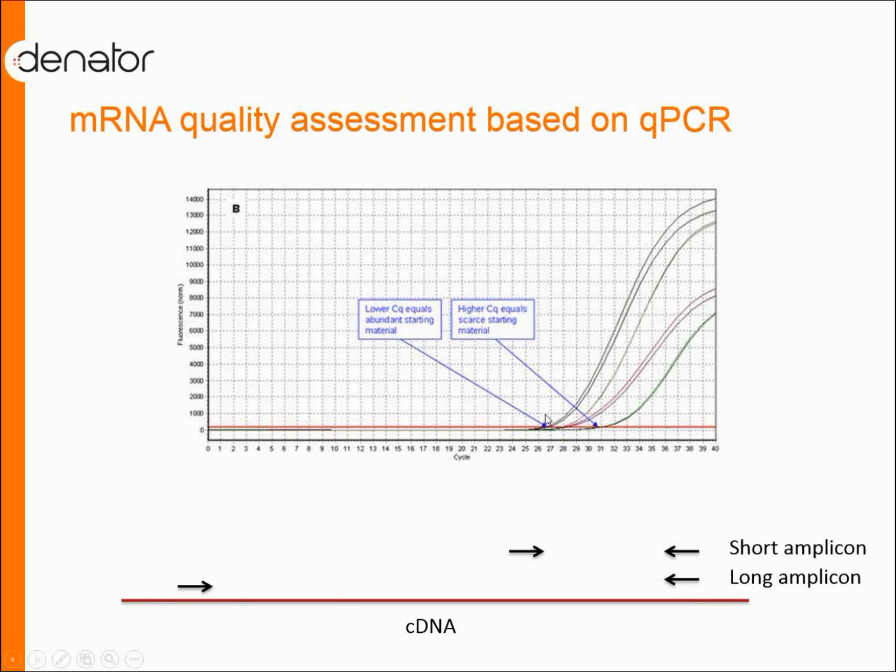So you will have a faster amplification if you have more copies of the shorter, compared to a higher number of cycles needed to get amplification from the long amplicon if you have degradation.